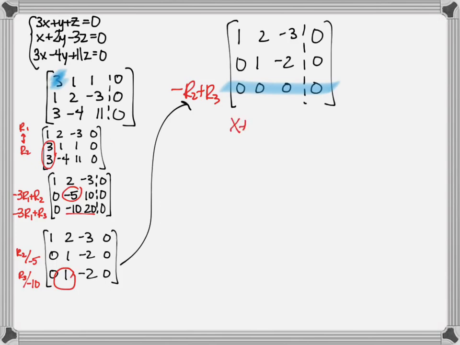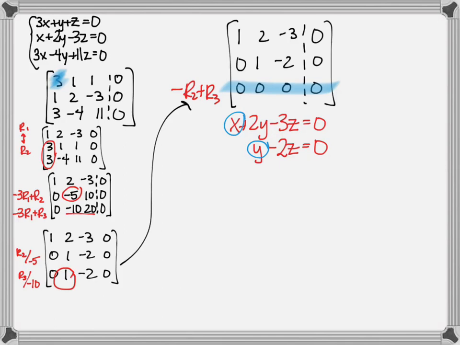So I've got x plus 2y minus 3z equals 0, and then y minus 2z equals 0. So if we see there's no equation for z, and we have 2 equations for 3 variables, this means since we kind of lost a variable there, this is an infinite solution case, but we can solve this system, or we can get x alone and y alone.